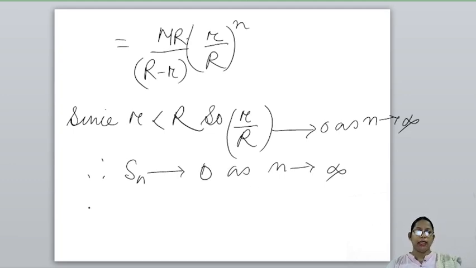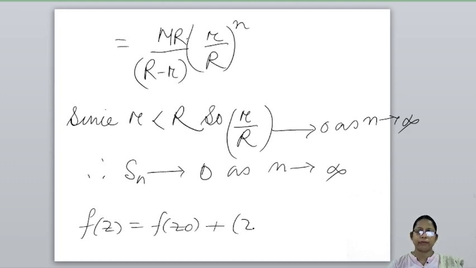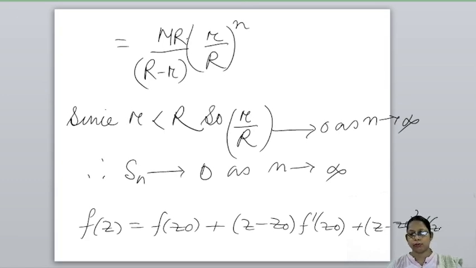That means as n tends to infinity, the sum of the series becomes an infinite series, and this series is known as Taylor's series: f(z) equals f(z naught) plus (z minus z naught) f'(z naught) plus (z minus z naught) squared f''(z naught) by 2 factorial plus dot dot dot.